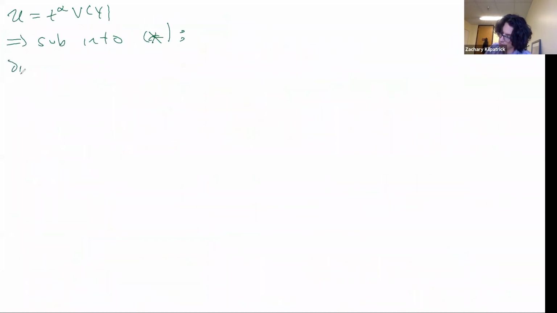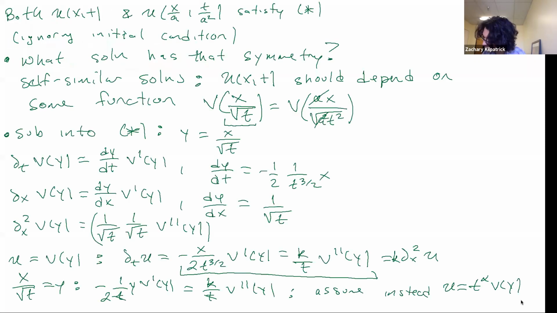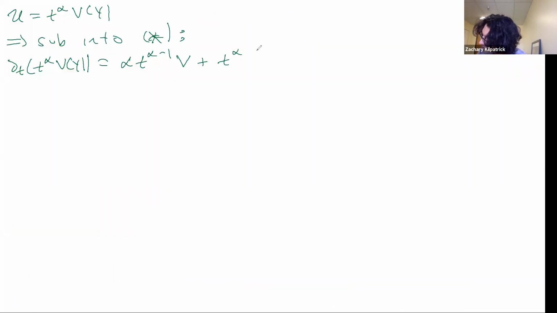So that'll come from the fact that when I take this derivative d sub t of t to the alpha v of y, right, I get an alpha t to the alpha minus 1 v term here, plus t to the alpha times this derivative term that we had here, right, which we worked out to be t to the minus 1. So then we have that t to the minus 1 term.